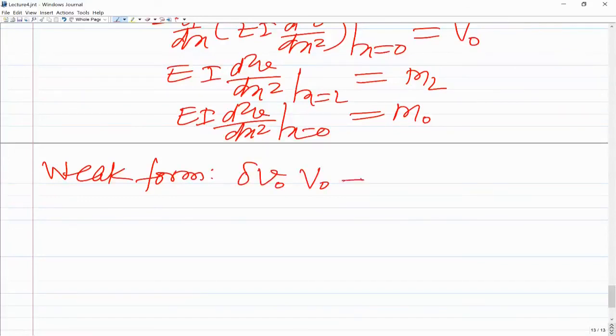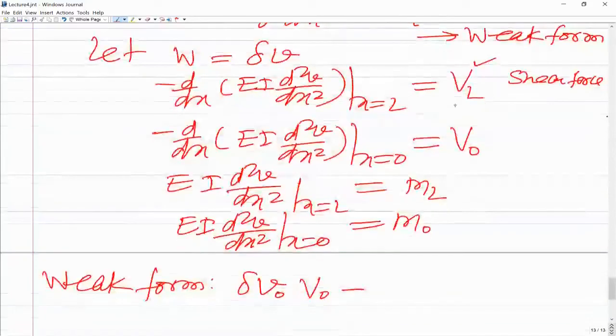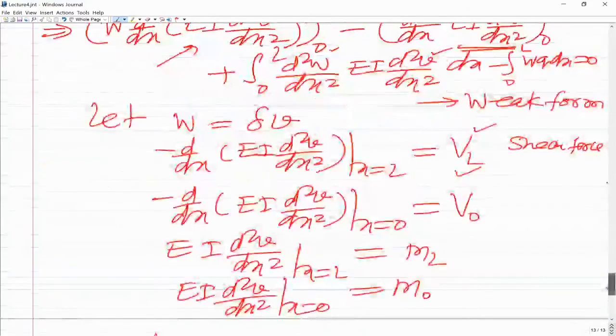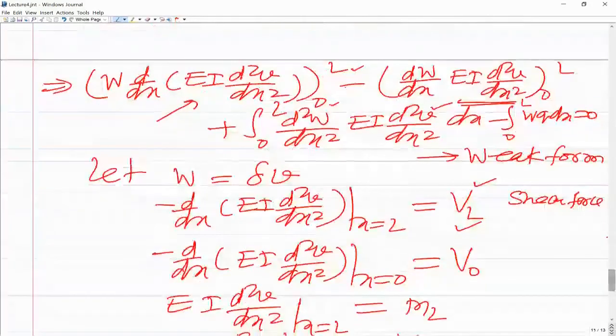At the upper boundary, because we are introducing the minus sign here, we will have another minus coming there. So we will have delta vL into capital VL. Then coming to the second term, there is already a minus sign over here, so when I write the lower boundary term, minus minus will become plus.